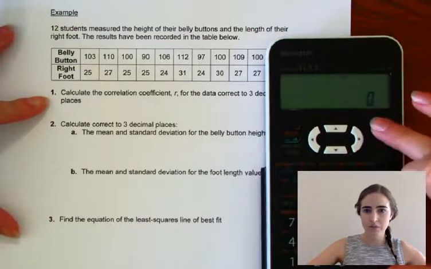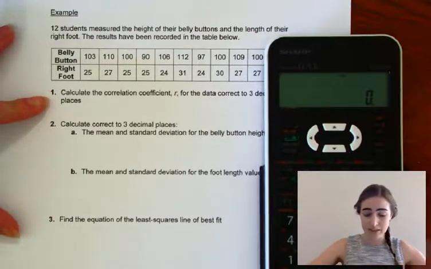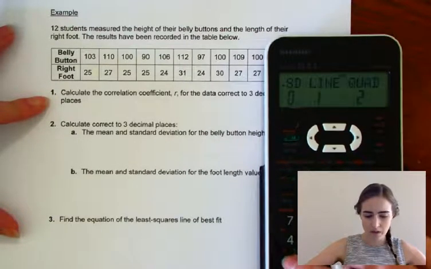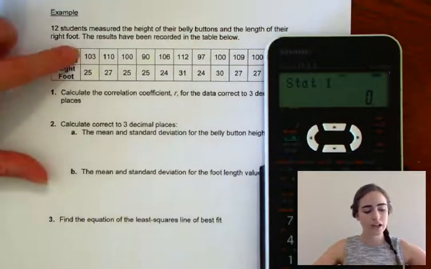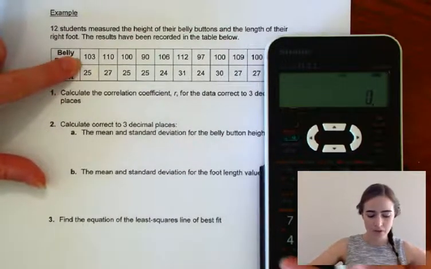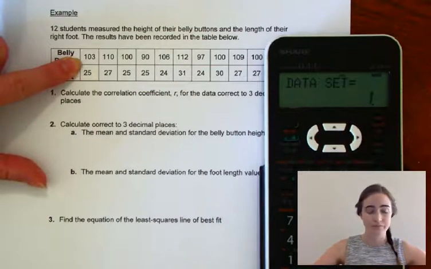Like we did in one of our earlier videos, we need to put it in stats mode first. So mode 1, 1, and then we need to enter all our data in pairs. We're going to go 103, 25, M plus, and do that for all of them.